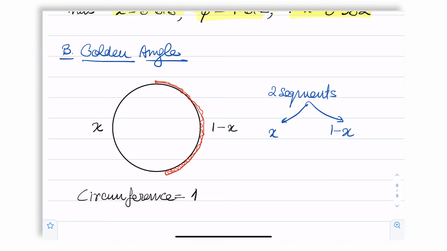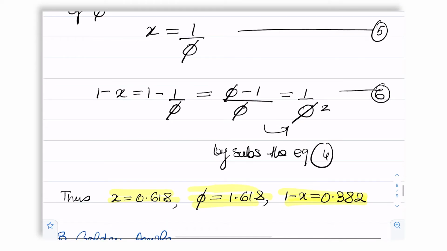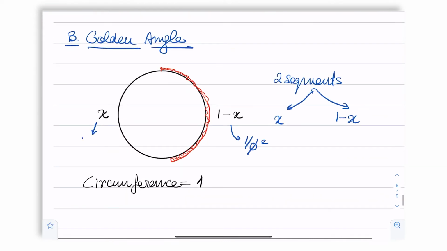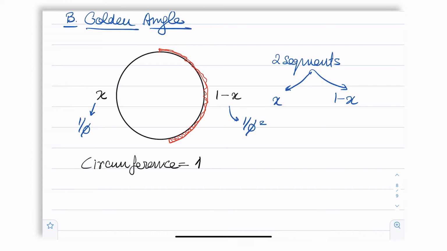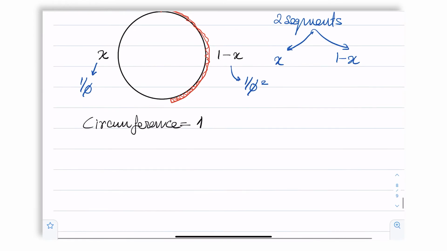By definition, from what we did earlier, this can be written in terms of 1 by phi square, and this as 1 by phi. So in that sense, the lengths are now related to phi, the golden number. We want to know the angles.